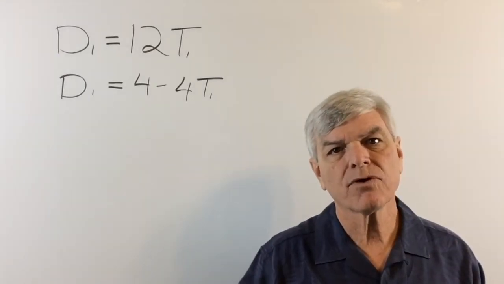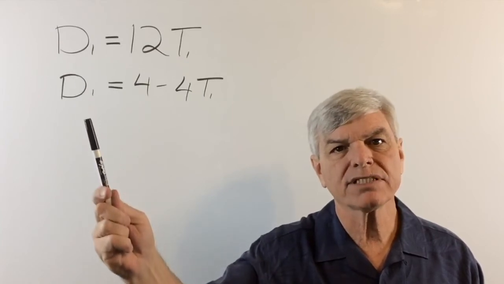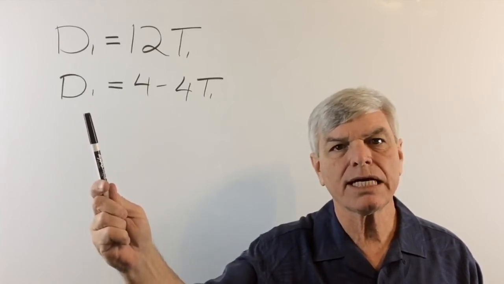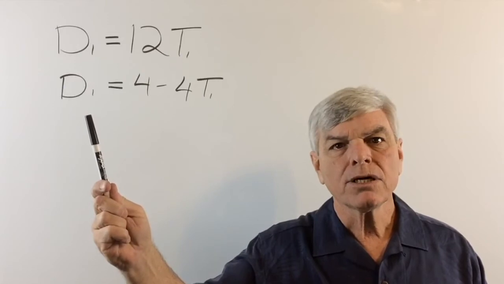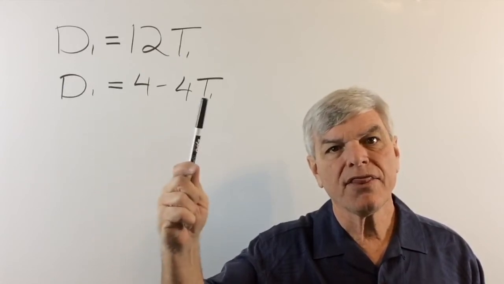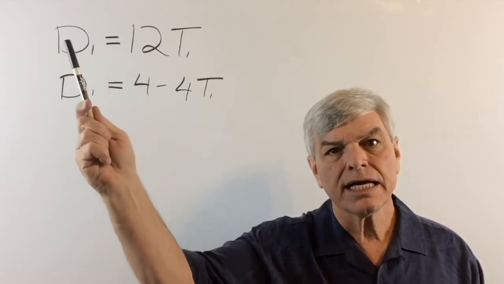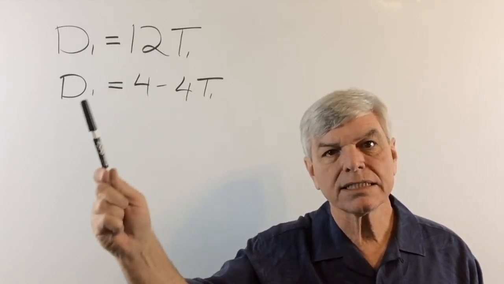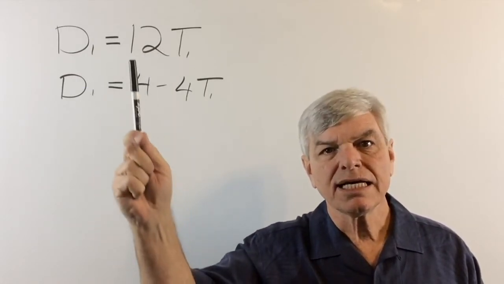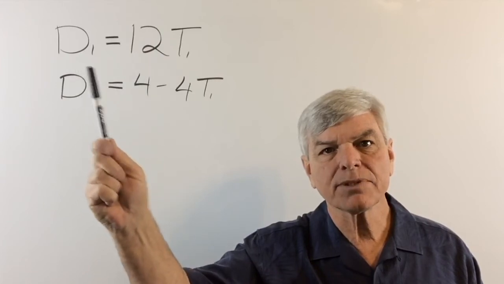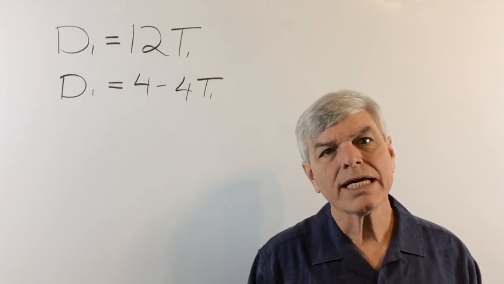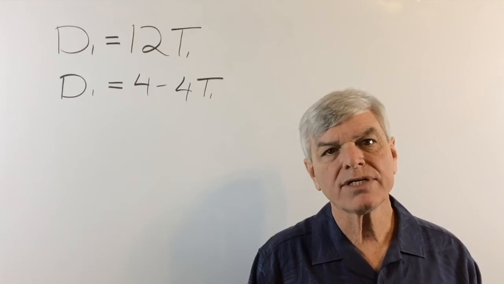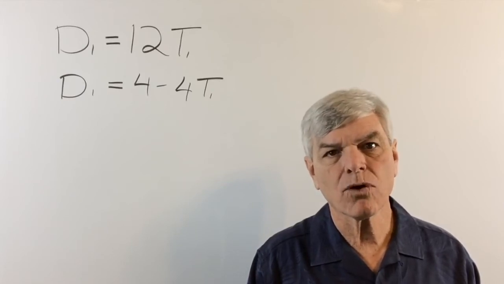So we have a simple formula for D1 here, and we have a simple formula for D1 here. So we can substitute this into this, or we can substitute this into this. And since this is a little bit simpler, why don't we substitute the 12T1 into the second formula?